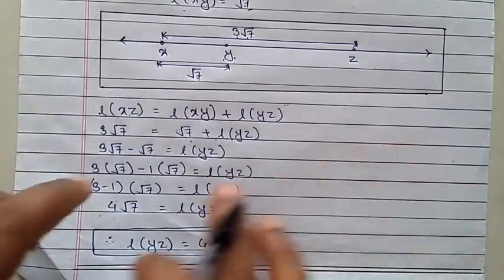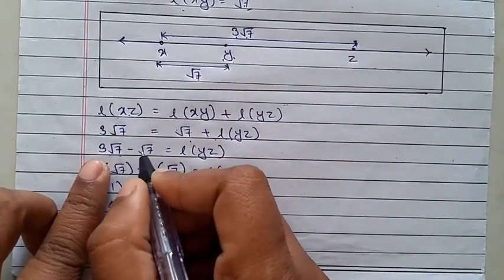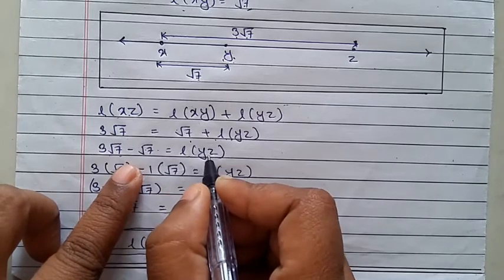Next, change the side of √7, so we get 3√7 minus √7 equals the length of YZ.